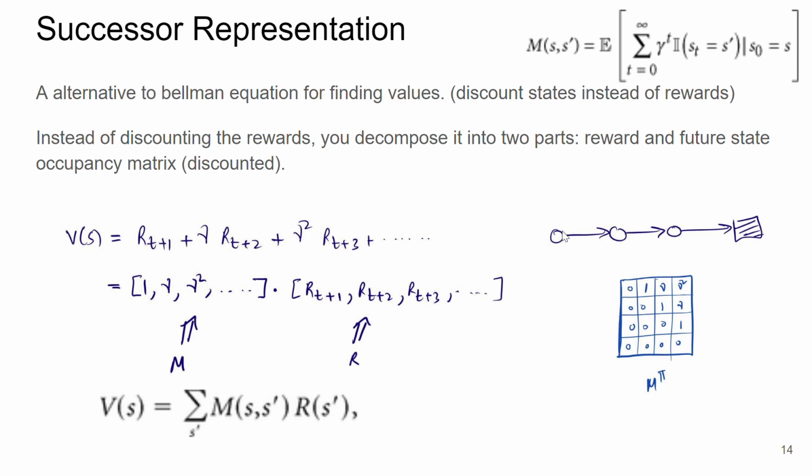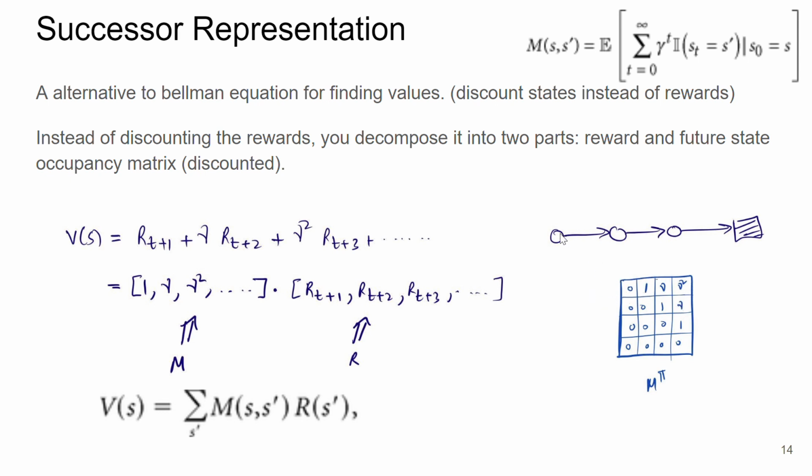So when you start here, you would likely be in this state for one time step, and you would be in this state for one time step, and you would be in this state for one time step. And if we do discounting, you would be in this state for one time step, in this state for gamma time steps, and this state for gamma square time steps. So this is essentially encoding your future trajectory.